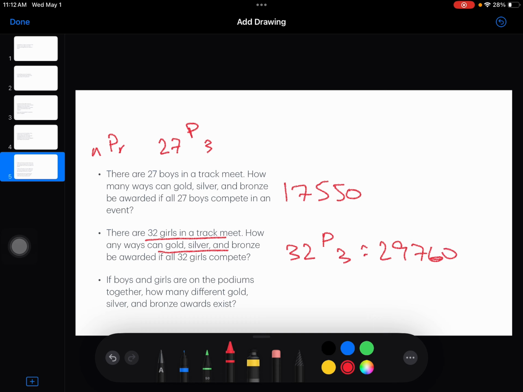And finally, if the boys and girls are on the podiums together, how many different ways can there be both boys and girls winning gold, silver, bronze?